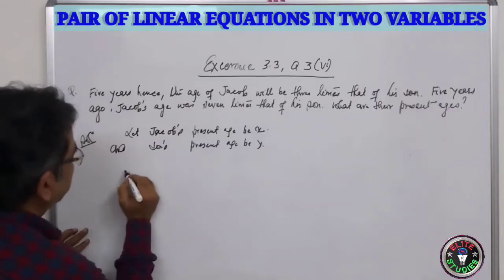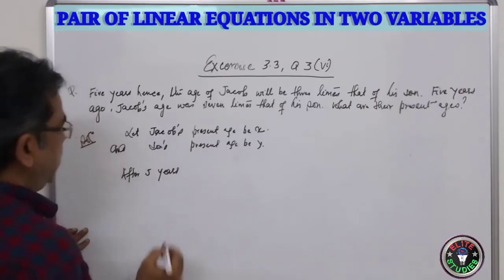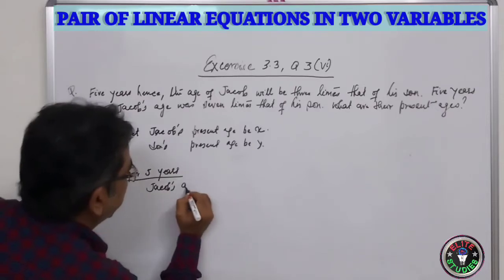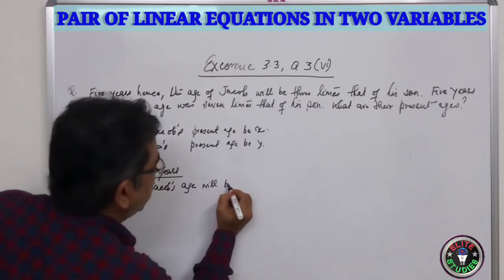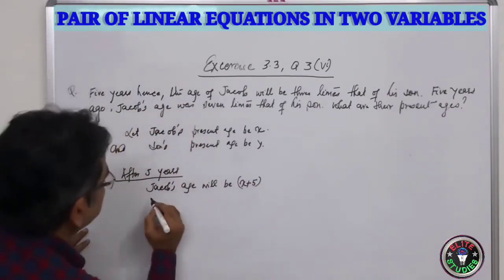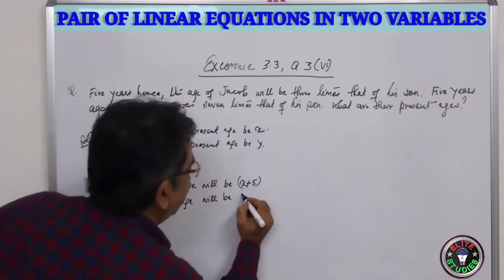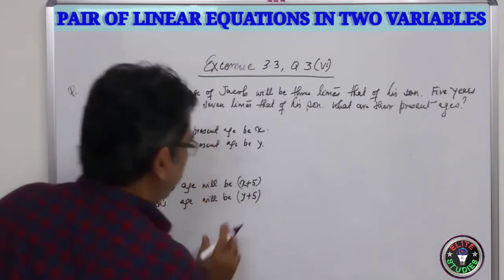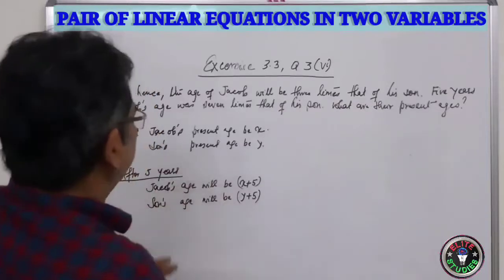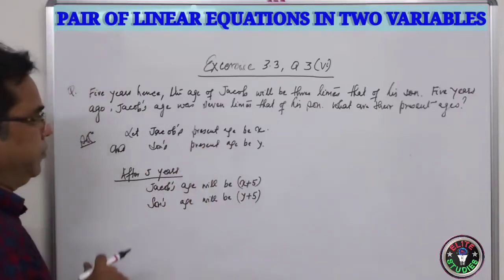So after 5 years, Jacob's age will be x plus 5. Similarly, son's age will be y plus 5. Simple, because if the present age is x, then after 5 years, Jacob's age will be x plus 5 and the son's age will be y plus 5.